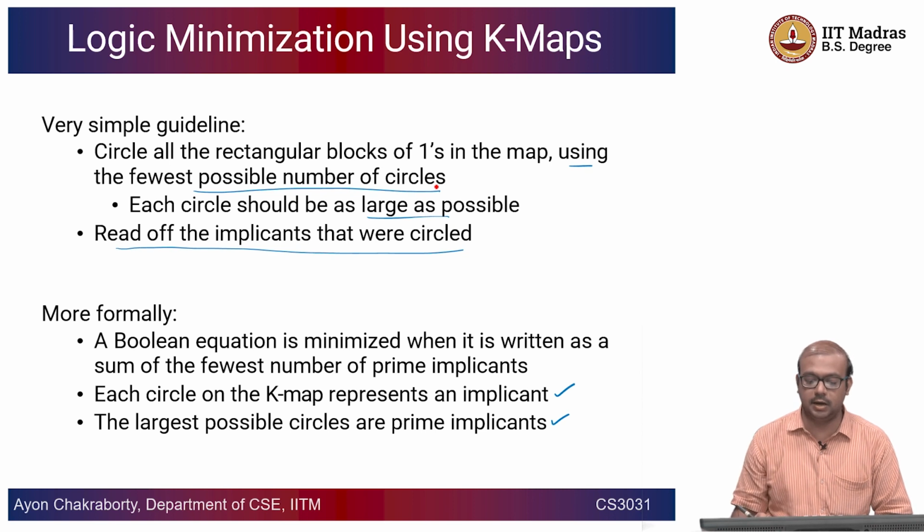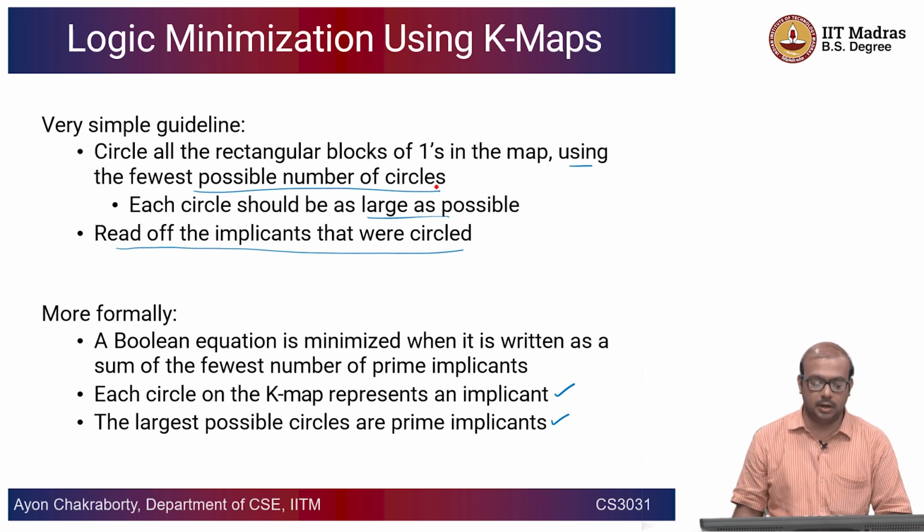Once you are done with that, maybe there is some other one that is dangling outside, that could be grouped with other existing ones that have already been part of a circle. That doesn't matter, but whenever you put a new circle, at least one element has to be new. And read off the implicants that were circled. So, if you are circling something, the implicant has to be noted down.